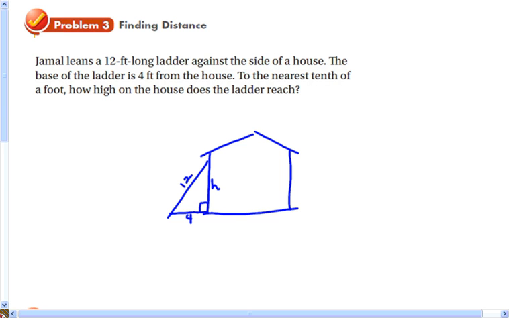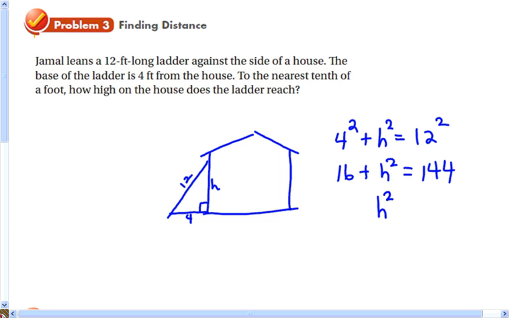We'll call that h. So we get 4 squared plus h squared is equal to 12 squared. And then, simplifying that, we get 16 plus h squared equals 144, and then we get h squared is equal to 128. So h is the positive square root of 128. And it says we just want that to the nearest tenth of a foot.